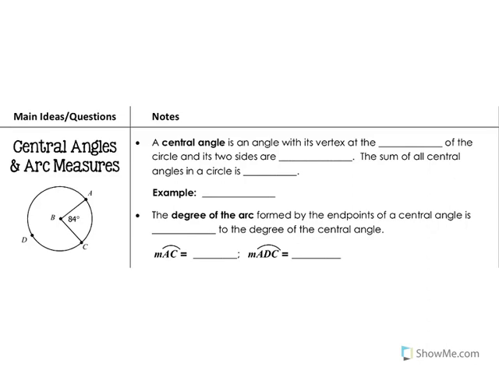Okay, the reason we're doing central angles is because you need your central angle to find your arc measure. So it says a central angle is an angle with its vertex at the center of the circle and its two sides are radii.